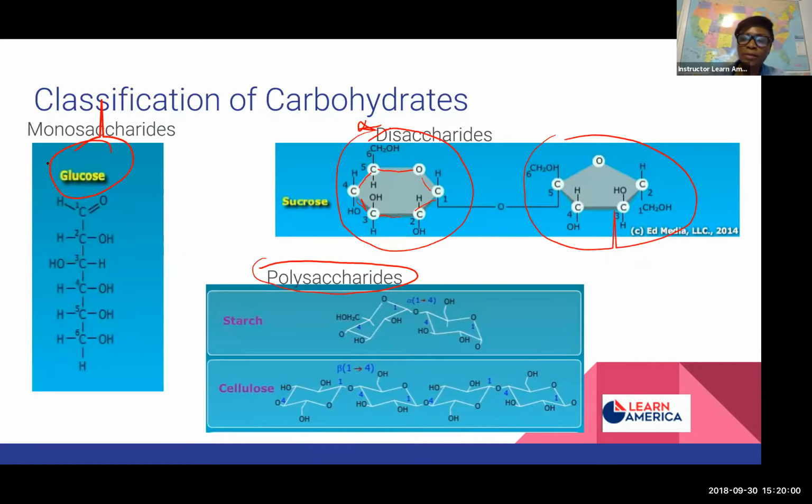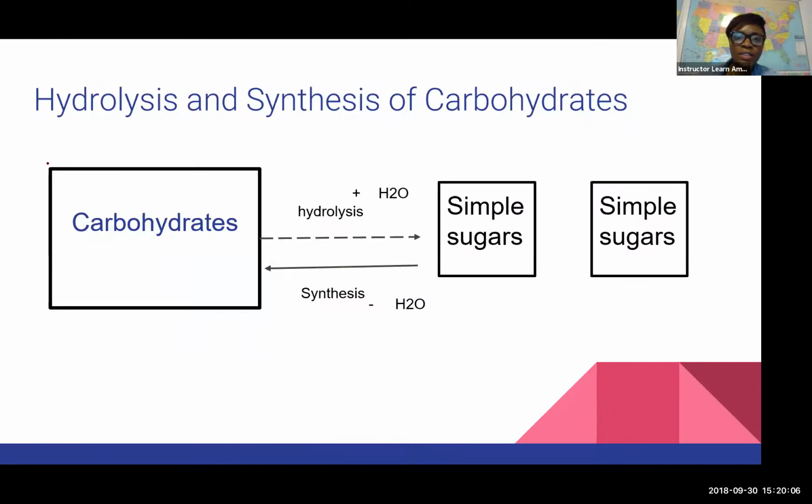Remember, this will be available on Learn America for you to go back and review. Here's another way I try to simplify that image for you. If we have that carbohydrate, under that category could be our starch or cellulose. To hydrolyze that means we're going to add water to break it down into smaller molecules of sugar.